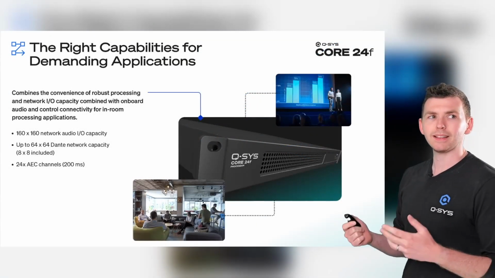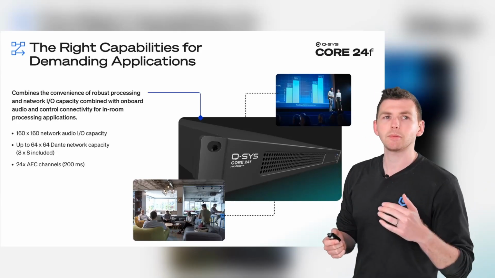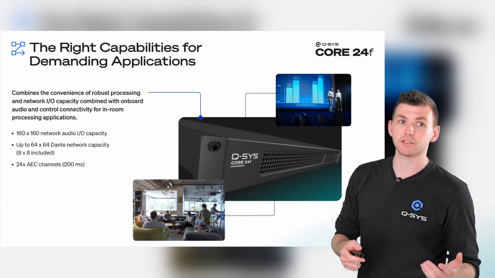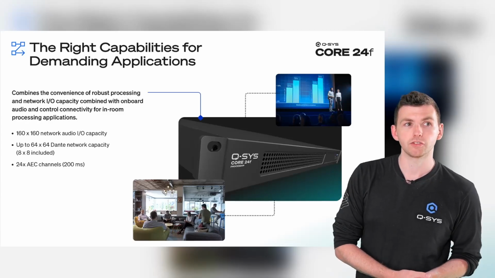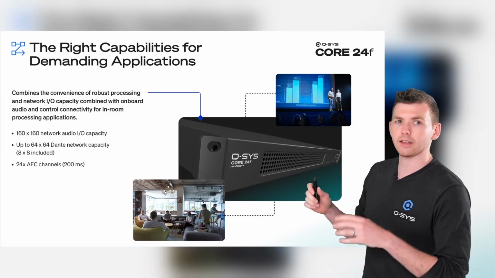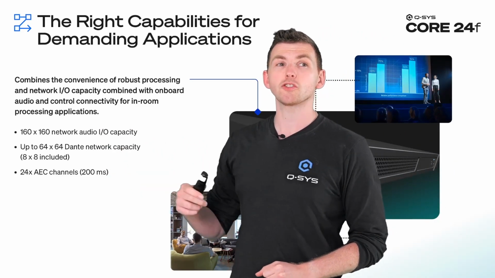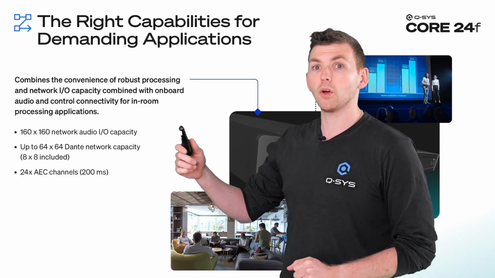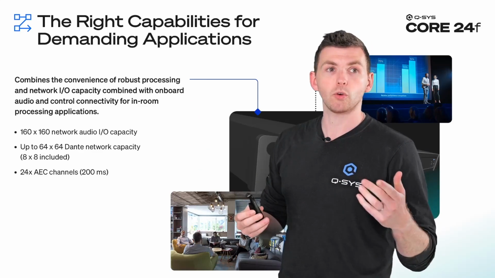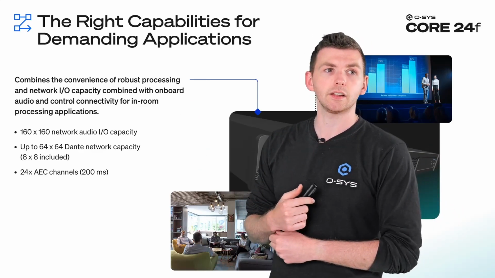Okay, so the main thing here is you've got the right capabilities for demanding applications like the one we've just seen. Some of the headline specs that you might want to know about are the I/O capacity for the network, 160. So a big jump above Core Nano, Core 8 Flex, even with that scaling license.